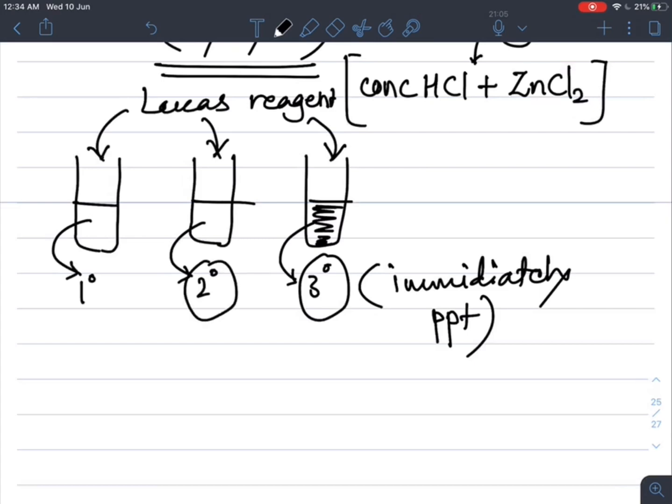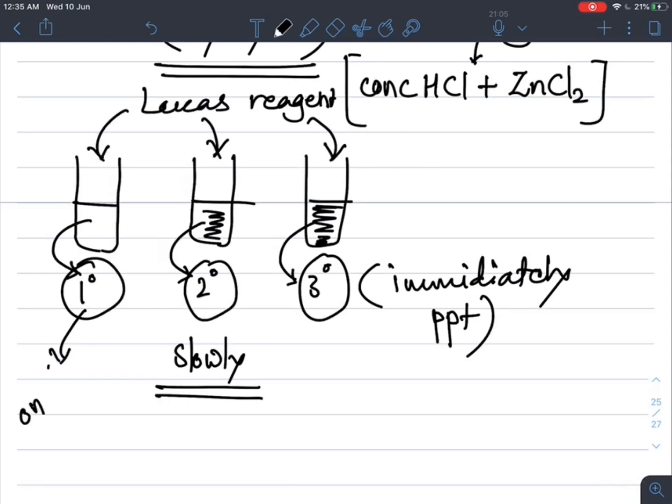In secondary alcohol, the precipitate is formed very slowly. So after some time we can observe the turbidity or precipitate. But in the case of primary alcohol, there is no turbidity observed unless heated.